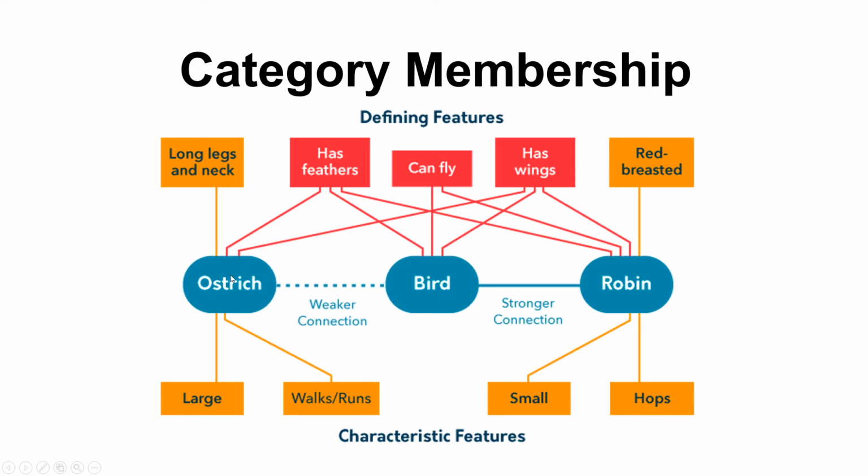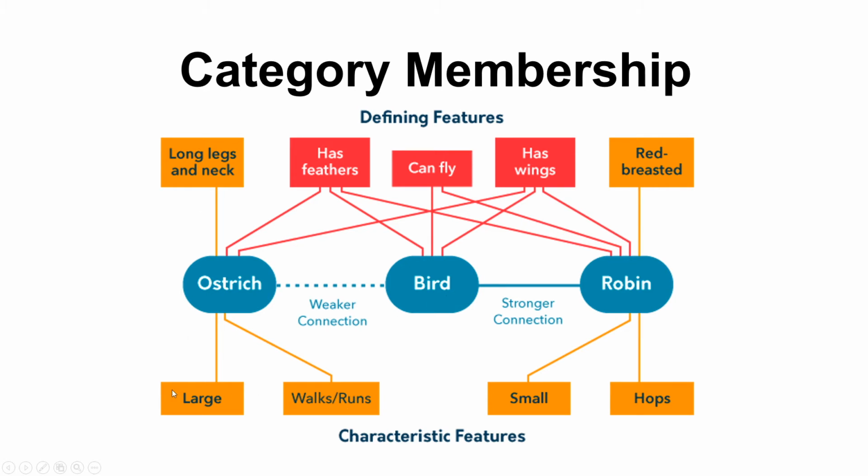And we would have a weaker connection between bird and ostrich because an ostrich has feathers and wings but cannot fly. So there are fewer connections to those defining features of being a bird. Ostriches are less connected to the category of birds.